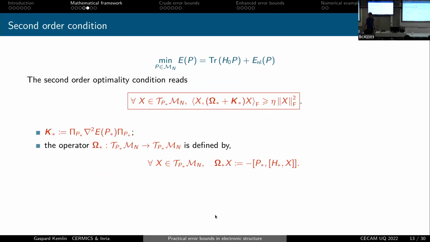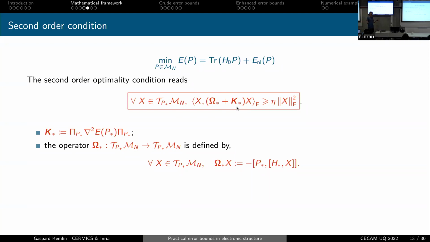We can also derive a second order condition, which is a bit specific to the fact that we have a manifold. It's not the classical second order condition for a minimization problem. It reads that if we look at the space tangent to the solution, we have an operator that has to be positive definite. What is this operator? It has two terms. The first term is K, which is just the regular Hessian of the energy.